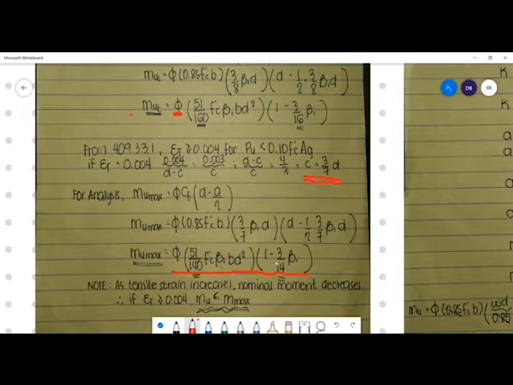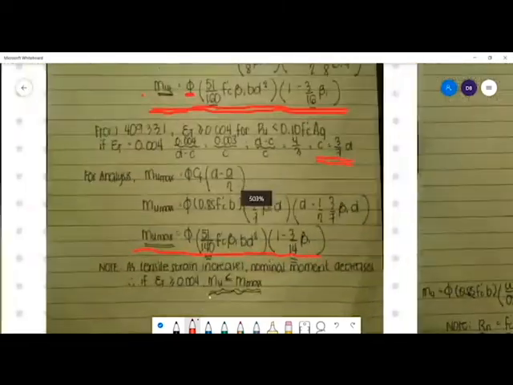Pero if you want it to be tension controlled, you will have to use the other formula as your ideal moment. It's much more ideal. As tensile strain increases, nominal moment decreases. ε_t is less than 1/4, M_u is less than M_max.